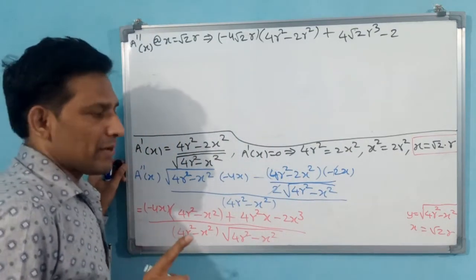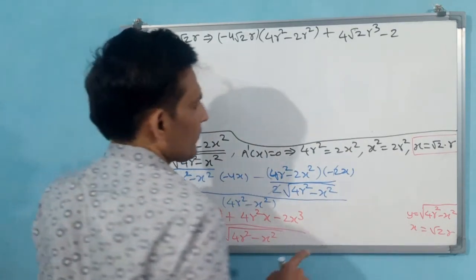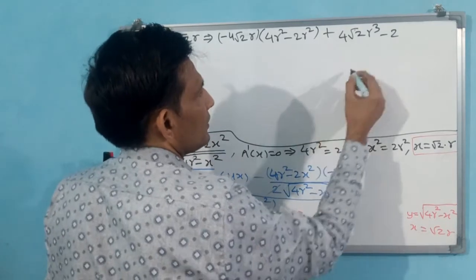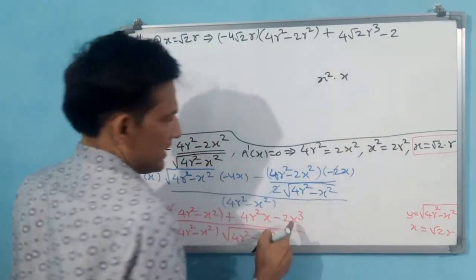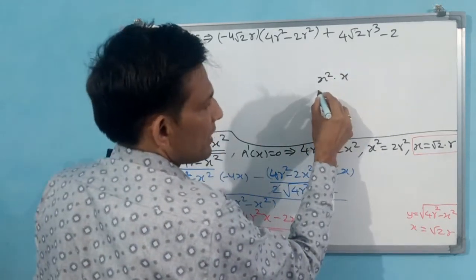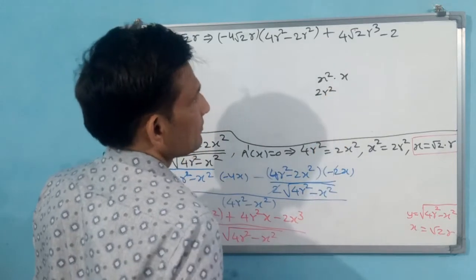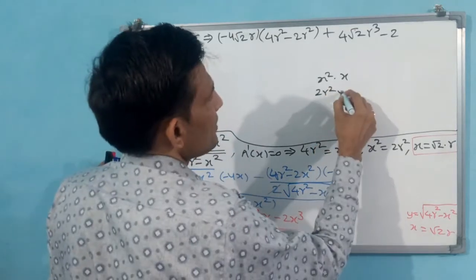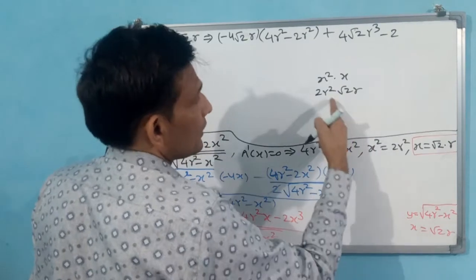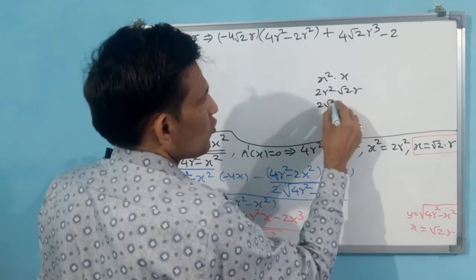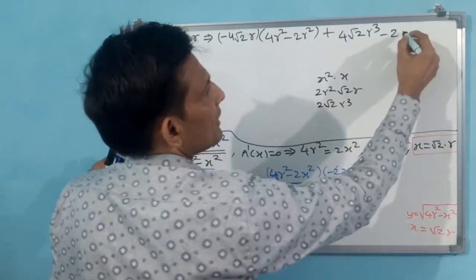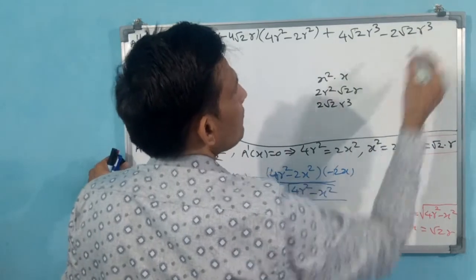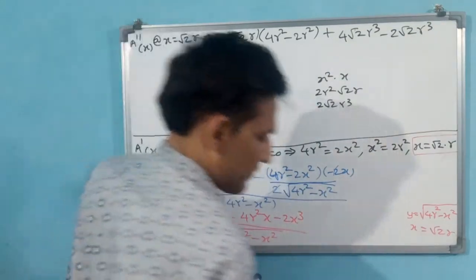X cube, how I am writing it, you see here. X square into x I will write. X square will be 2r square, x will be root 2r. But finally what I can write? 2 root 2 r cube. Okay, 2 root 2 r cube, I have written.